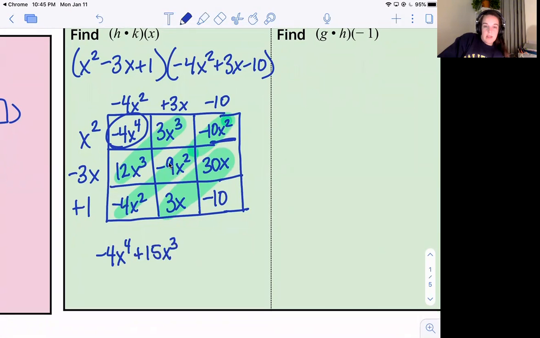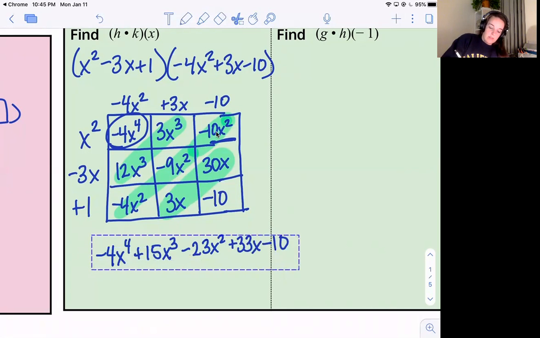Negative 4 and negative 9 make negative 13, and negative 10 makes negative 23x squared. 3x plus 30x is positive 33x, and negative 10 at the end is negative 10.